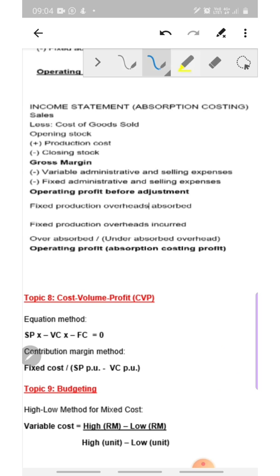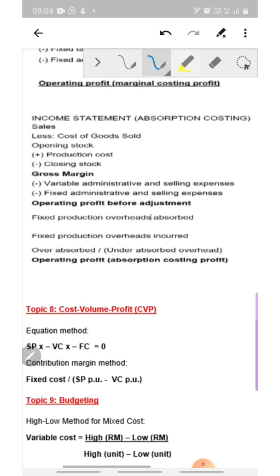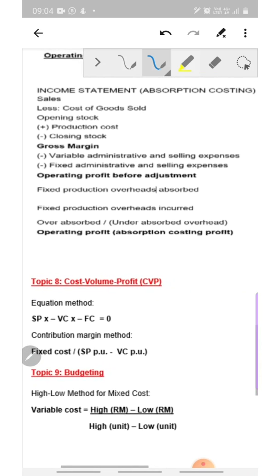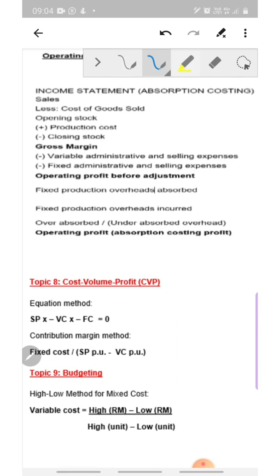Production cost and closing stock are similar: the units you times with the absorption costing product cost. Variable admin and selling, usually the RM given, you times with the units sold. Fixed admin and selling expenses, one lump sum amount given in the question, just put it in.